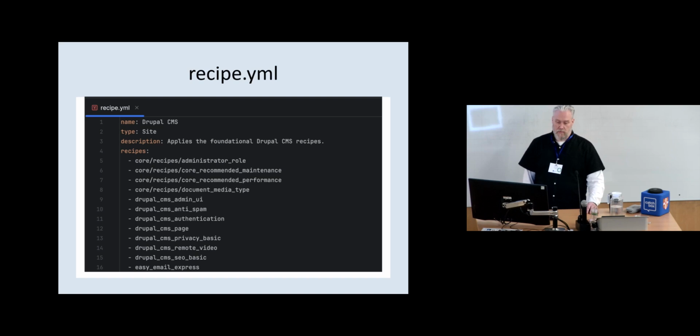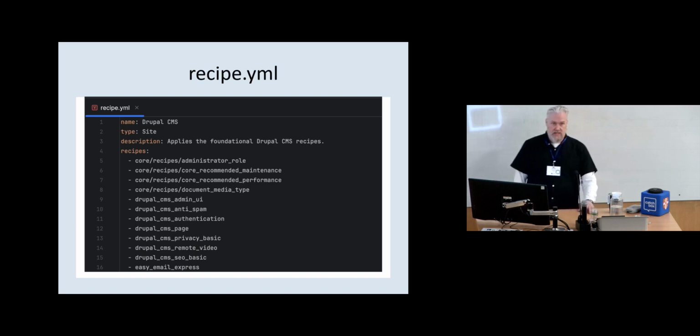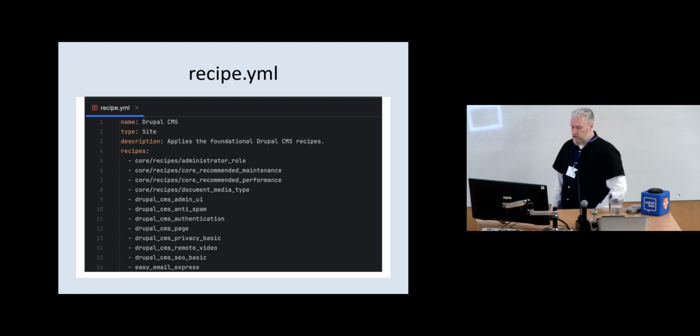So you'll see the top 4 recipes there are actually core recipes. They're new things that came out with Drupal 10.3. A lot of the standard installation profile has now been converted over to recipes as well, so they're all available. And then a big list of Drupal CMS recipes there.